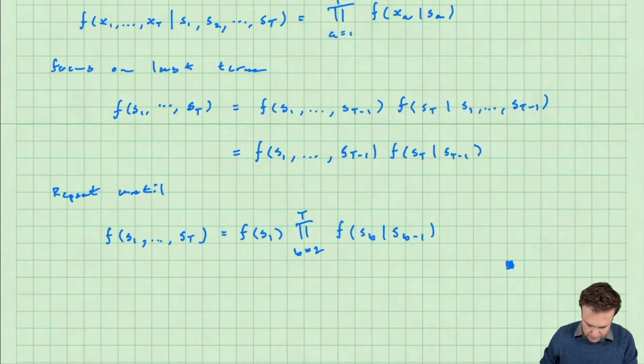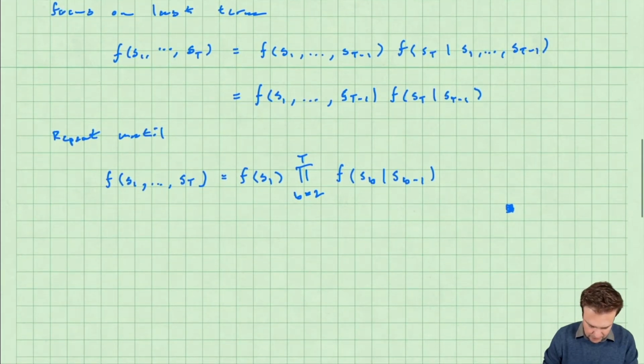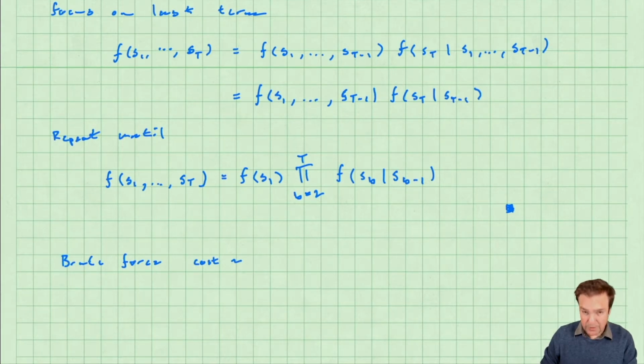So remember, this method of doing things was pretty expensive. Brute force, the cost in terms of operations, like multiplications and so on, is something like T squared N to the capital T, which can blow up pretty fast.